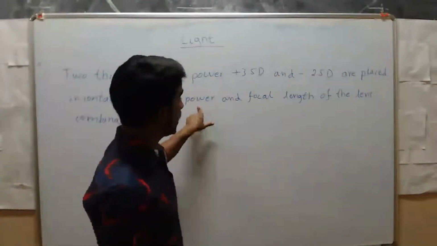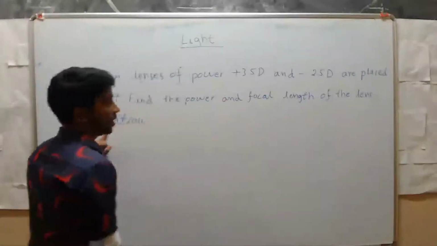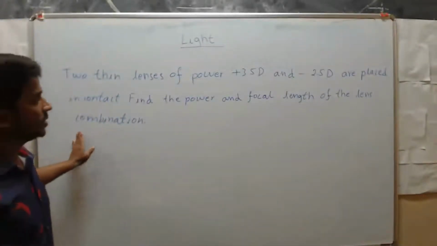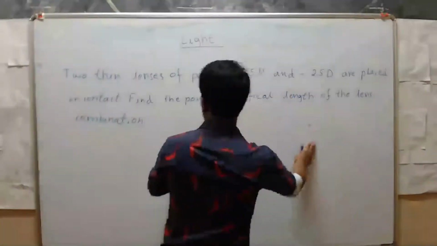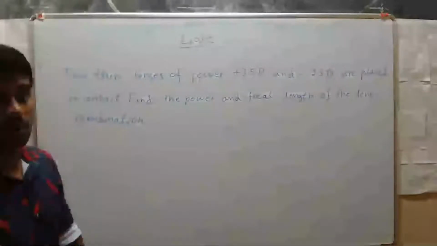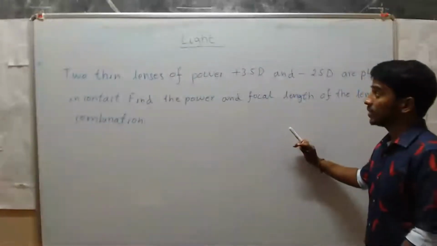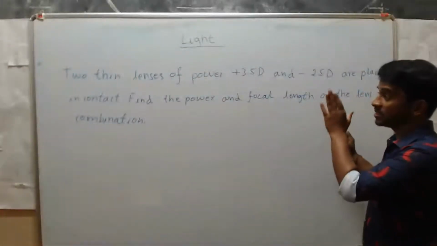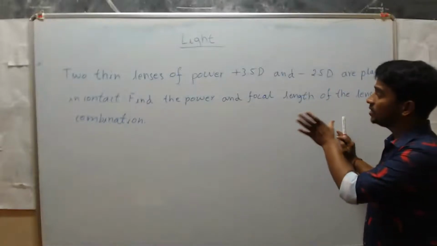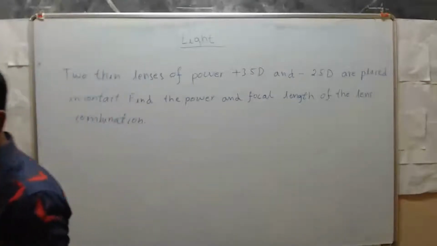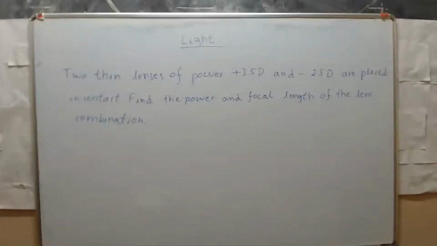Find the power and focal length of the lens combination. Here we don't want individual focal length and power, so we need the power of the lens combination and focal length. Now we know the formula for the combination of lenses.